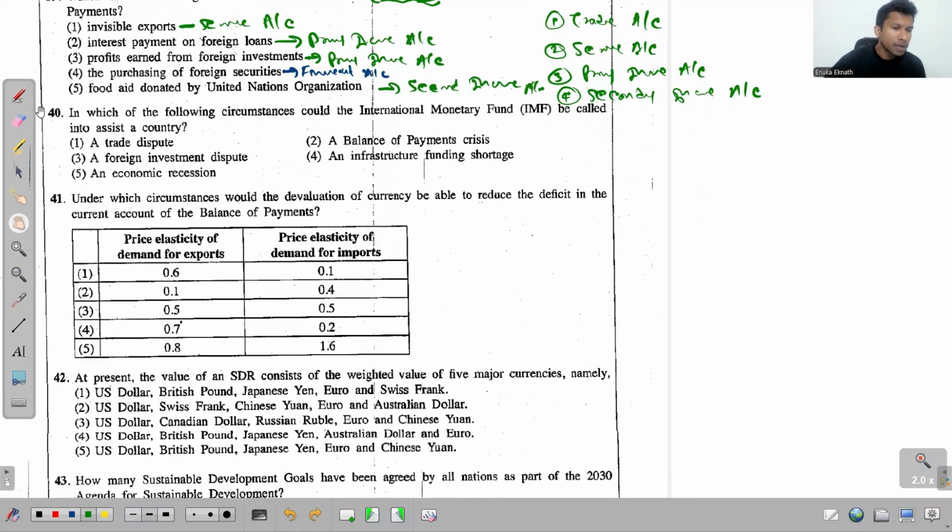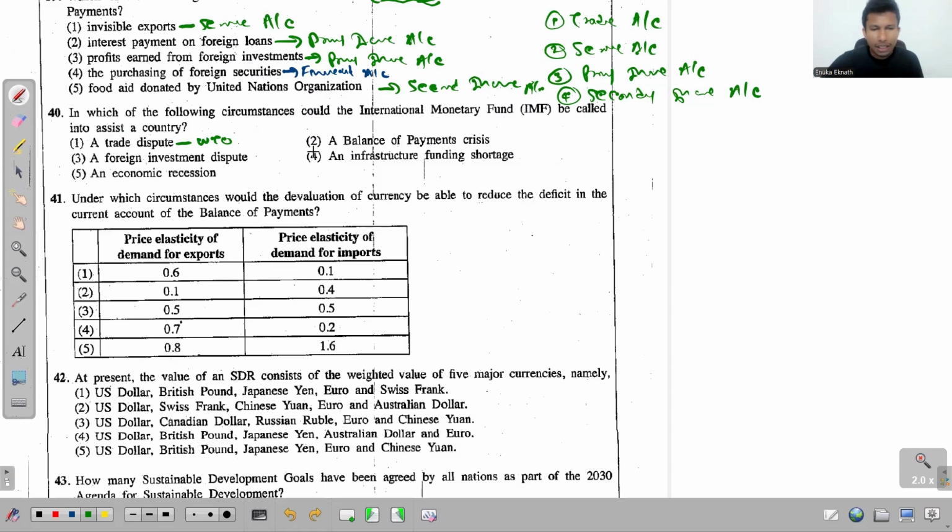Right. Look at this question 40 now. In which of the following circumstances could the International Monetary Fund be called in to assist a country? Okay, so imagine the first one, there's a trade dispute. If there's a trade dispute, the relevant international organization has to be the World Trade Organization, because this is directly related to trade.